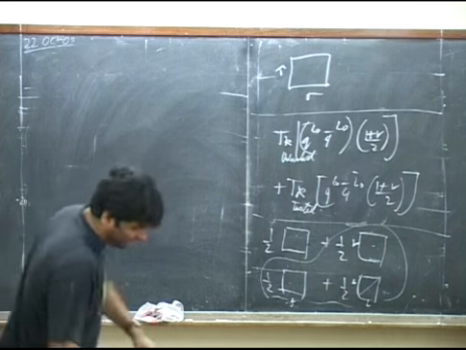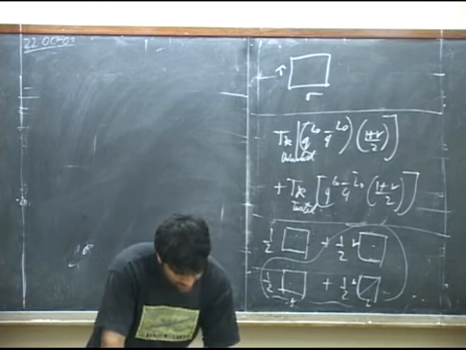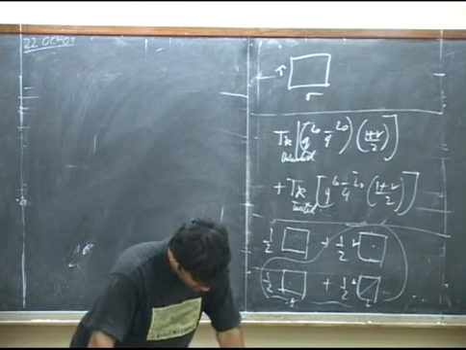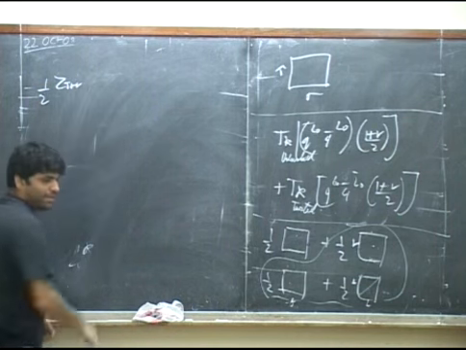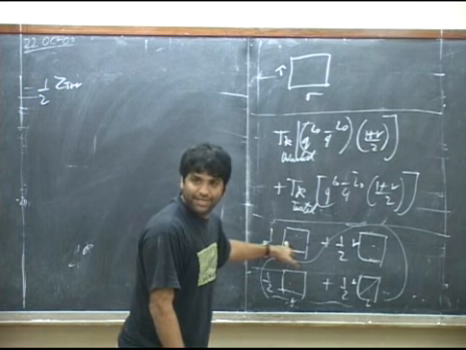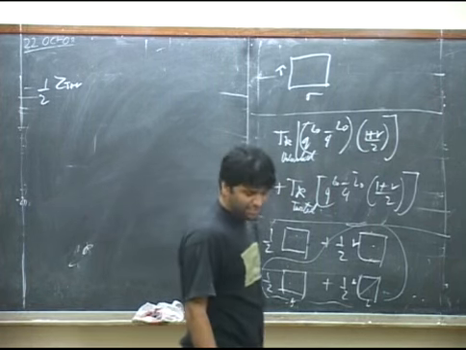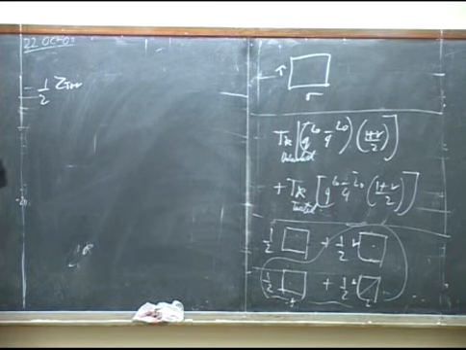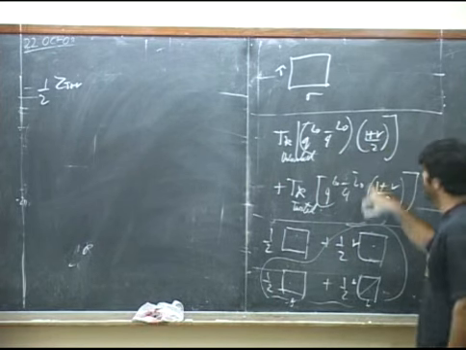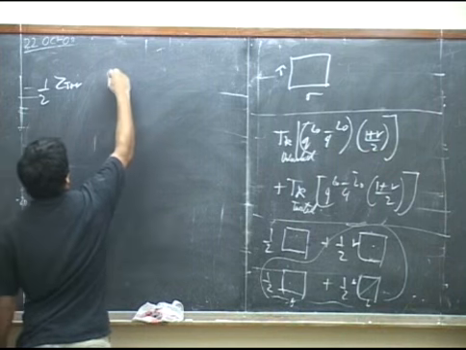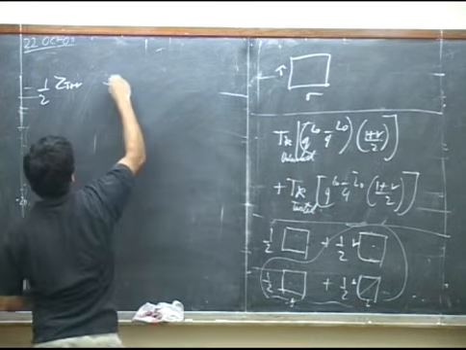Okay, let's do the circle compactification, which is, okay, so we get half of Z total, which is just this term. The circle compactification without any fancy stuff. Okay, but then we get additional stuff. So what's the additional stuff? Well, the additional stuff comes from, let's say, this guy. What's this guy? This is we get a plus half.